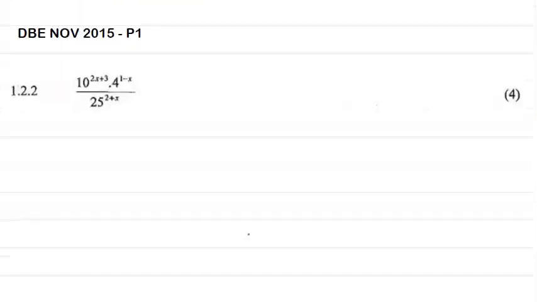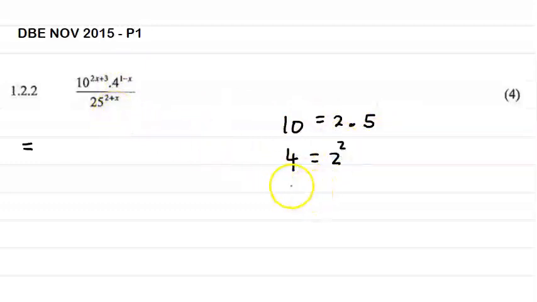The question that I'm now going to be looking at is from the DBE November 2015 paper 1. Once again, here I've got 10, so I've got to write that as a prime base. So let's see, 10 equals 2 times 5. Remember, 2 and 5 are prime numbers. 4 equals 2 squared, and 25 is 5 squared.